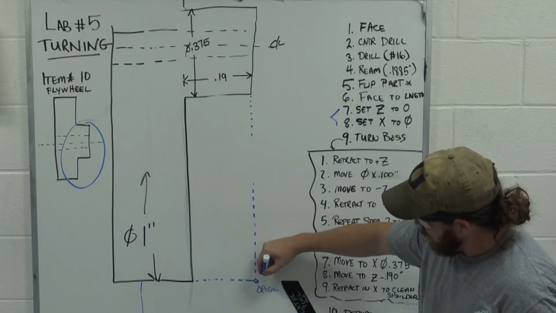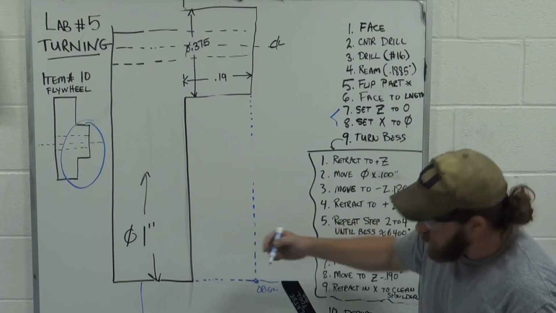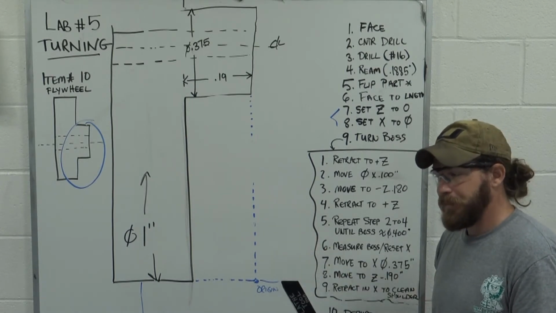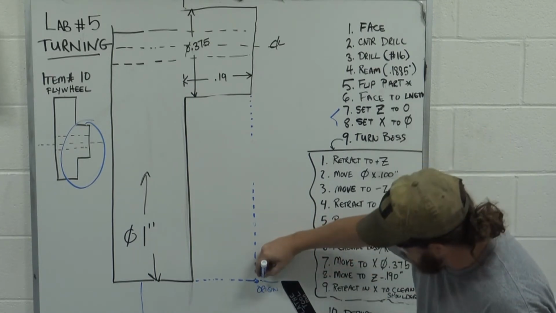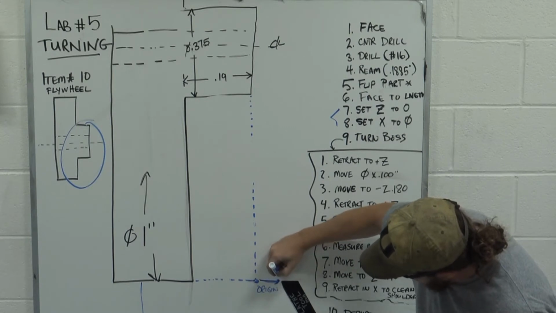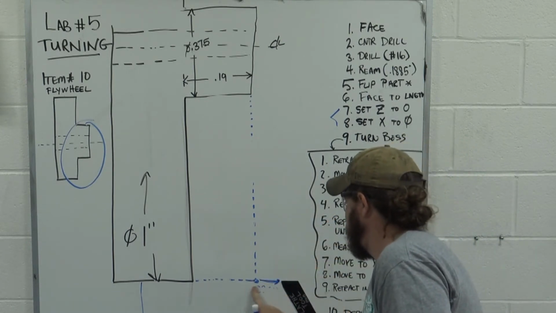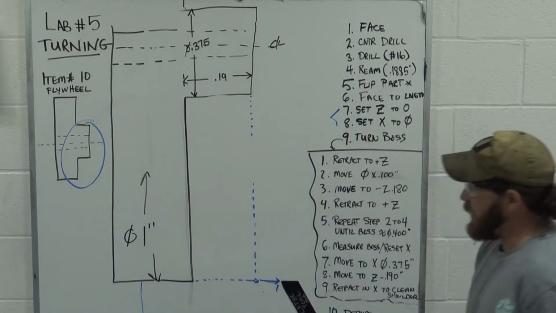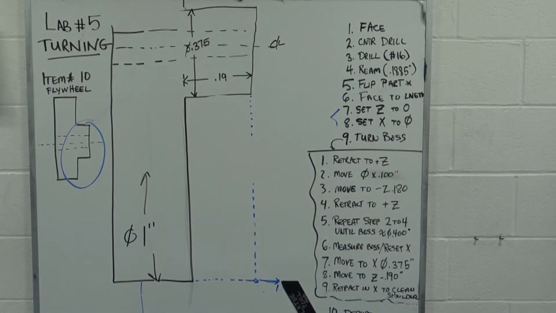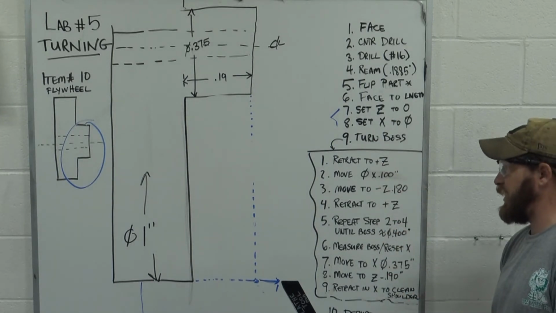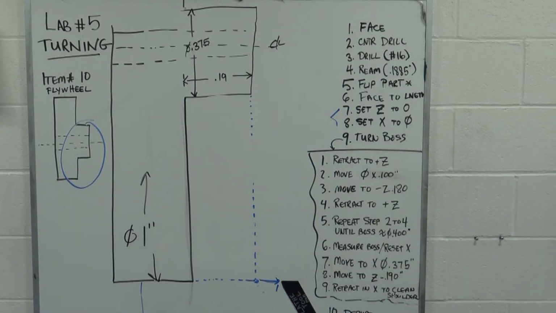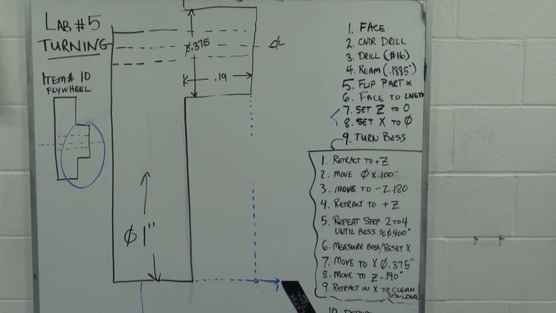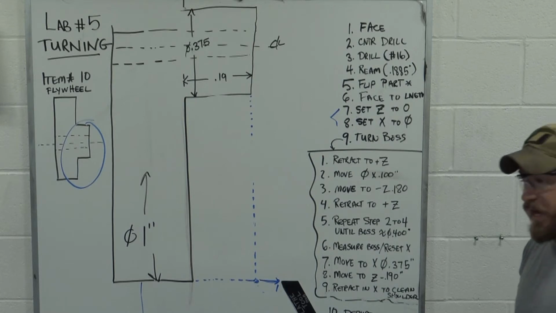I'm going to keep drawing lines and following this tool around. There I am at step number 1. I moved out in front of the part, a positive Z value. Step number 2 is move in X to a diameter of 100 thousandths.